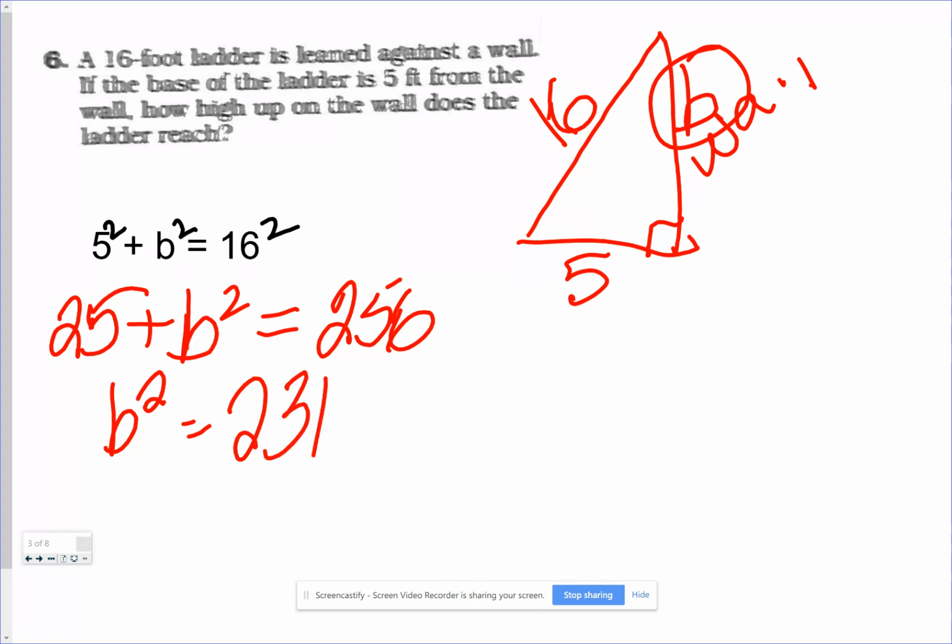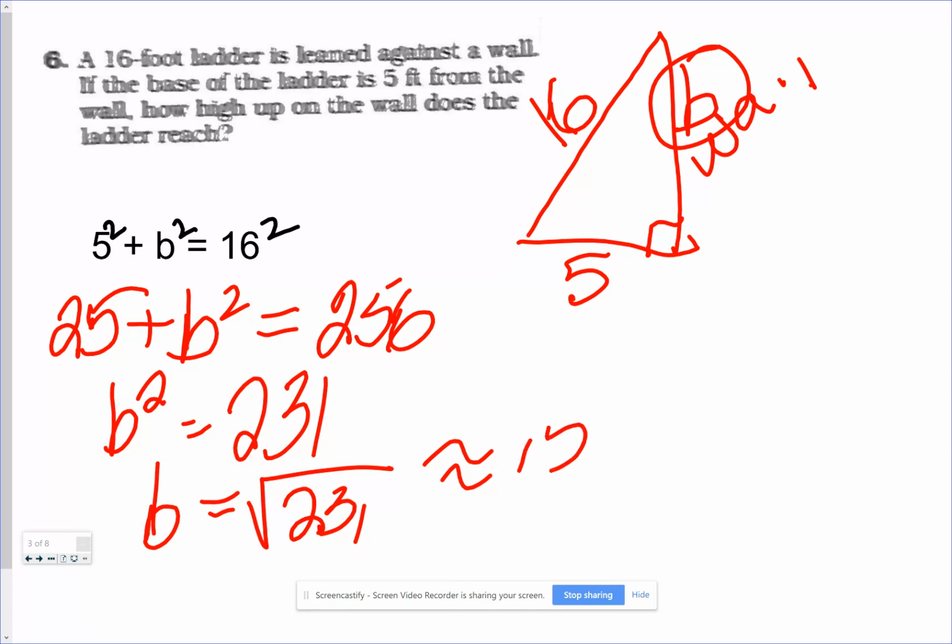So b is the square root of 231. Take that and round that to the nearest tenth. Okie dokie. And by the way, that ends up being about 15.2 feet. There we go. All right, next.